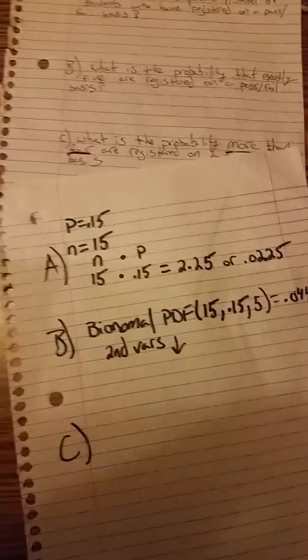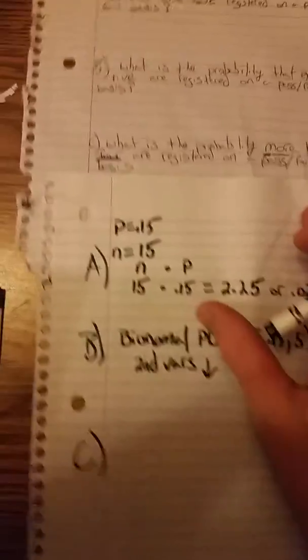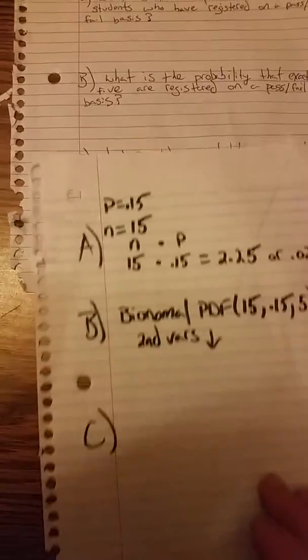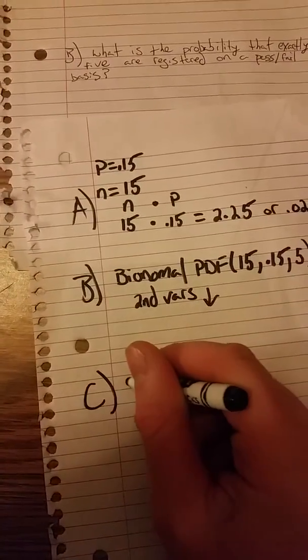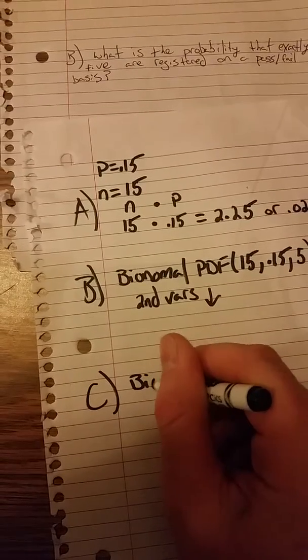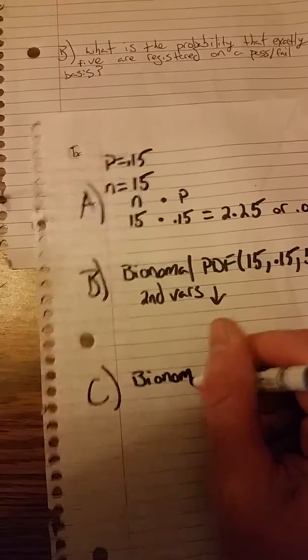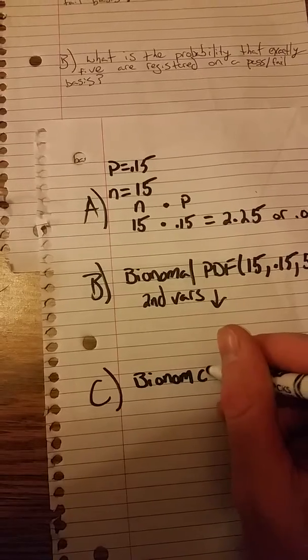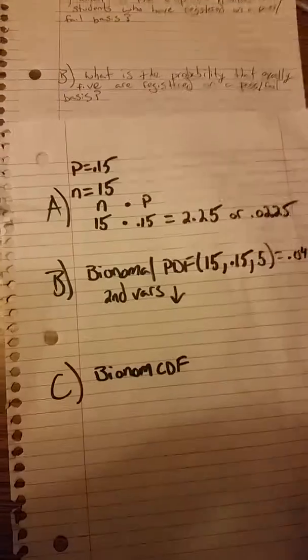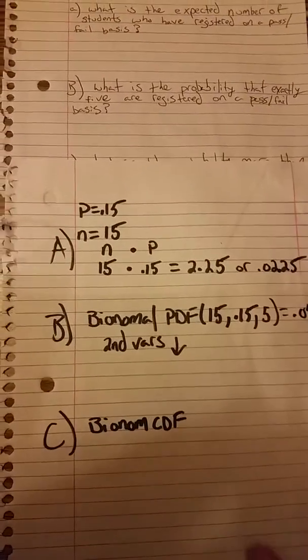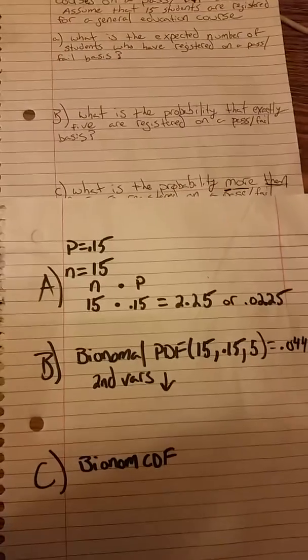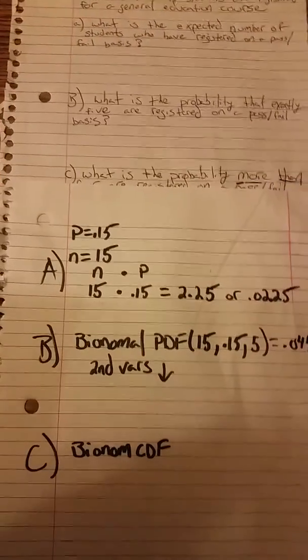So, to figure this out, we go back to the calculator and we look up binomial cumulative distribution function because it's asking more than 4. So that means 5, 6, 7, 8, all the way up to 15.